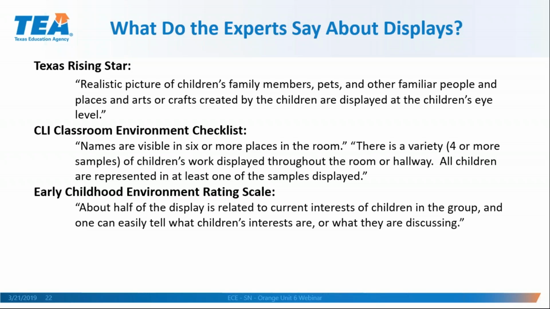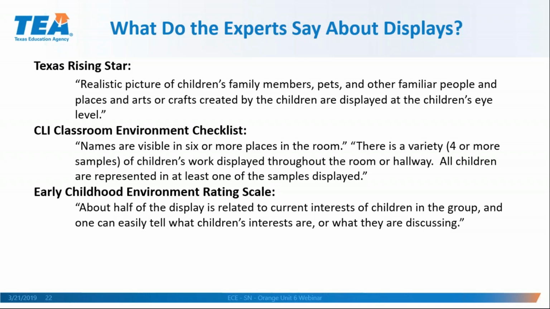The Early Childhood Environmental Rating Scale, which I have used for all of these webinars, is a very well-known national rating scale for pre-kindergarten classrooms. And it says about half of the display is related to the current interest of children in the group, and one can easily tell what children's interests are or what they are discussing.